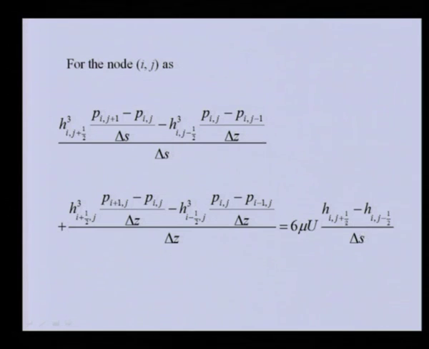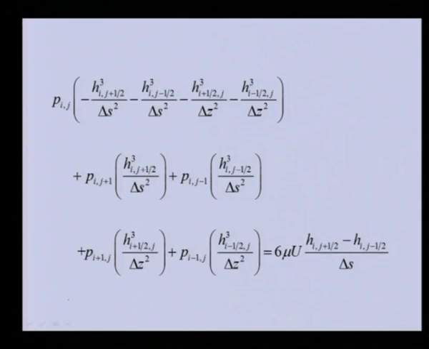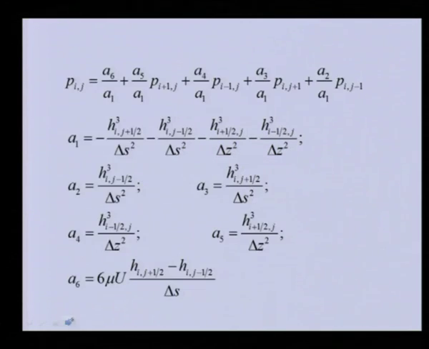So these equations we can now arrange such that we can club the terms containing the pressure variation at ij in one place, i, j plus 1 at another place, like that. So all 5 node positions' pressure terms we have collected and expressed like this, and this can now be written in a more recursion way.